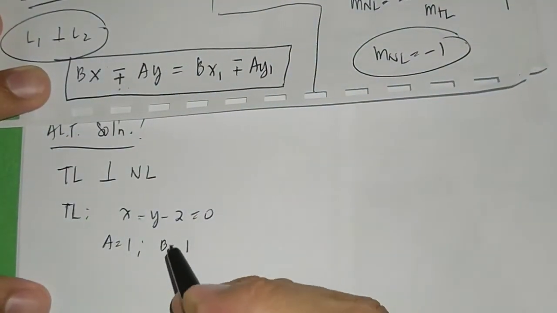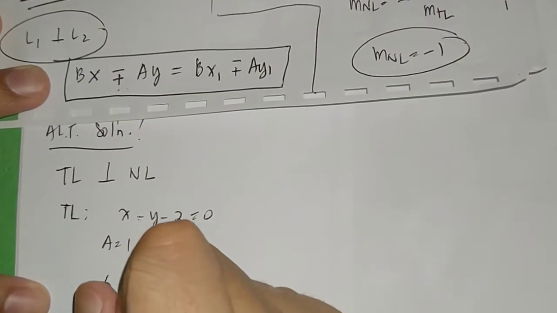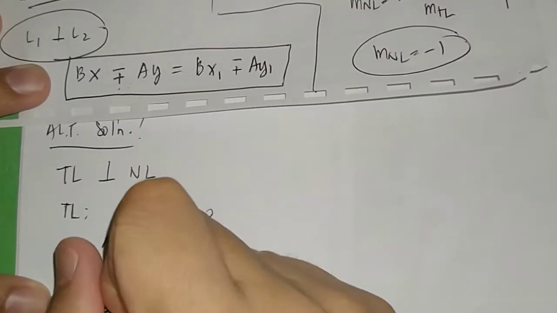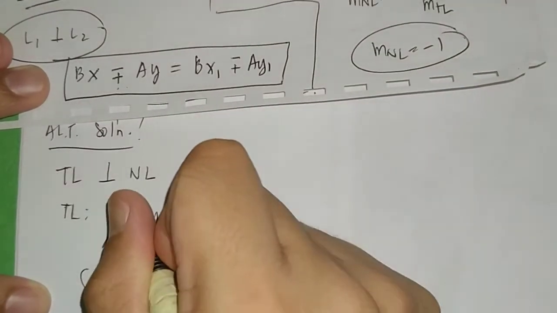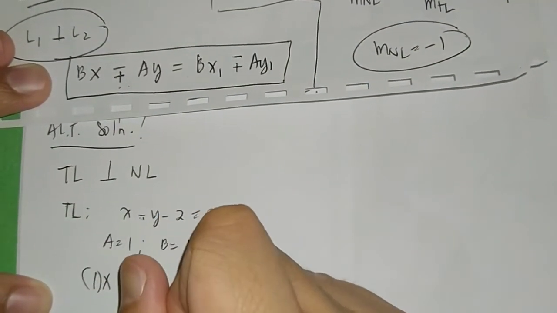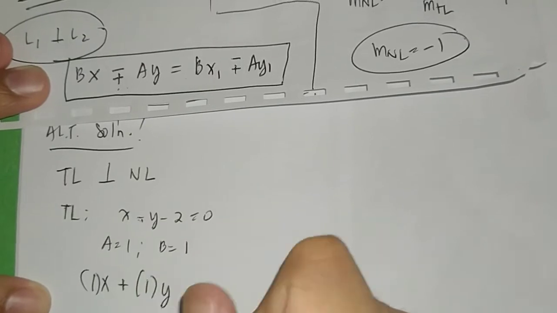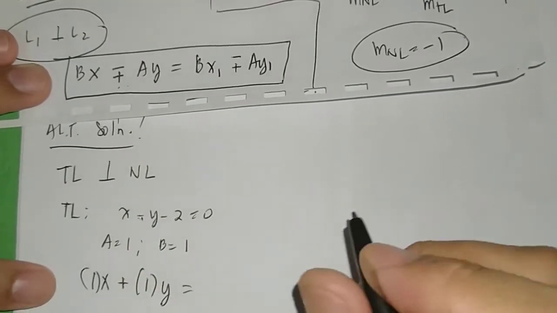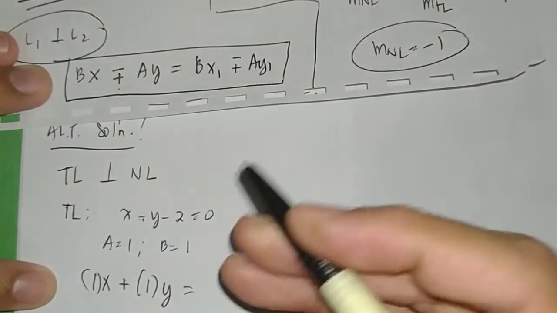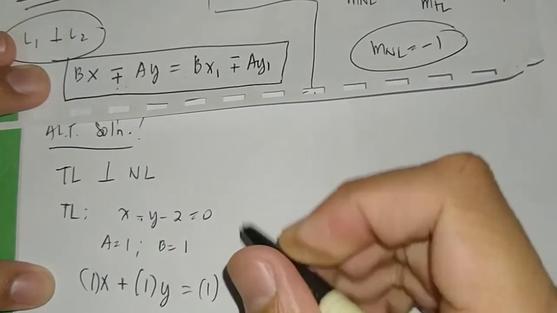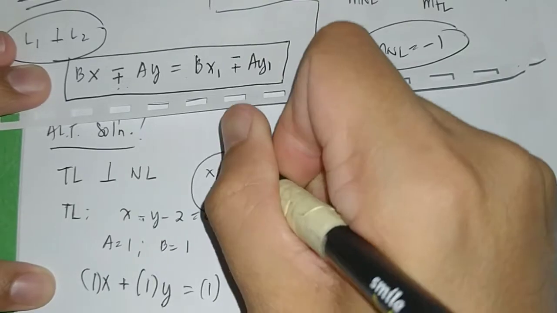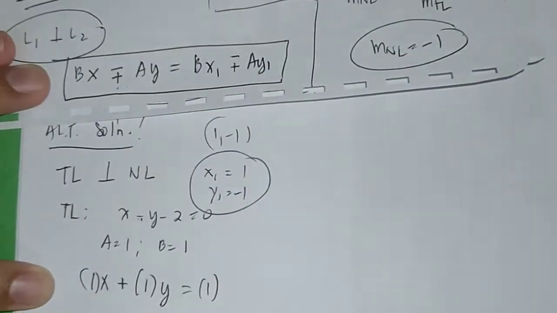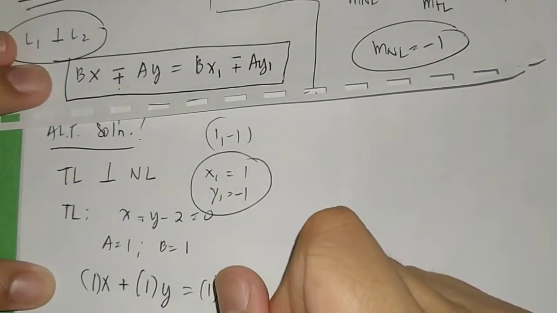So that gives you x, that's b, minus, so that's plus a, 1 then y is equal to b, which is 1. Our x1 is 1, y1 is negative 1, since the point of tangency is at 1 comma negative 1.